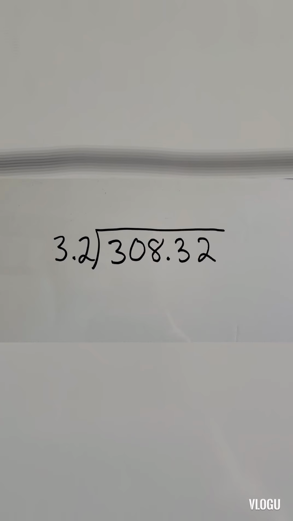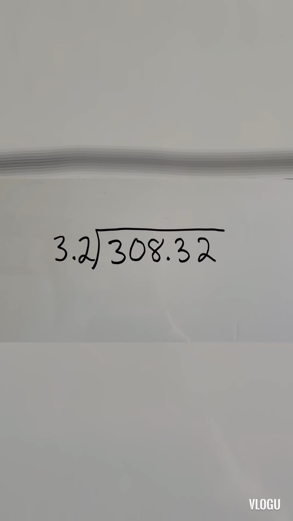32 goes into 112 about how many times? I need a guess. I'm going to use my educated guess. I'm going to round this down to 30, and I'm going to round 112 down to 110.